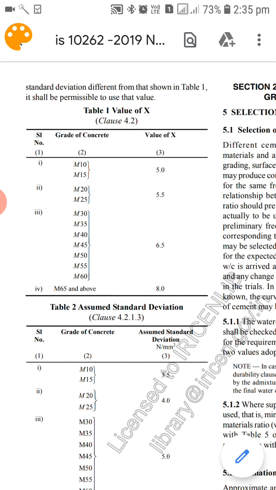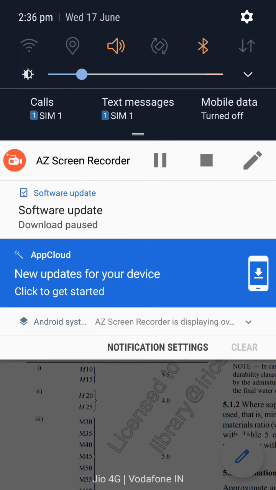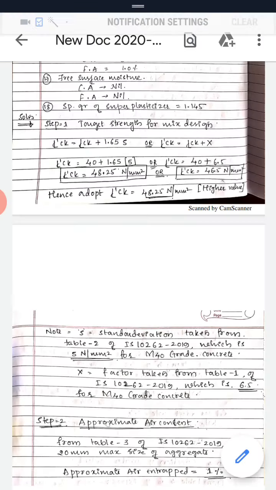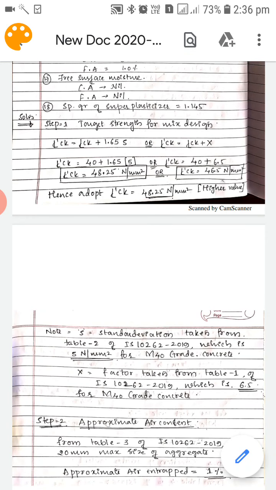For M40 concrete again X will be 6.5. So like this it has to be chosen. After the calculation, f dash ck from the first formula comes out to be 48.25, and from the second formula it comes out to be 46.5. We have to adopt the higher of the two. So I have taken 48.25 Newton per mm square.